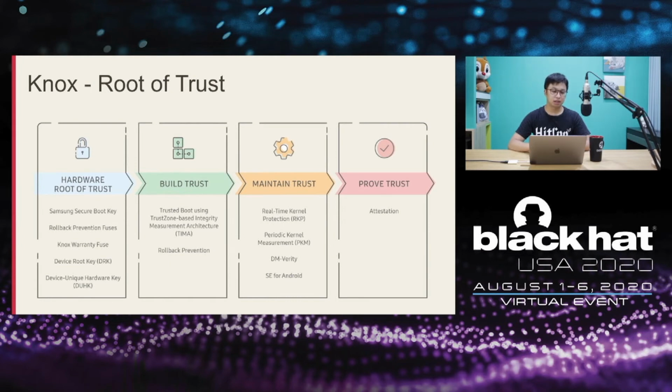It contains TIMA, trustzone-based integrity measurement architecture, real-time kernel protection, periodic kernel measurement, SE Linux enhancement, and many other things to prevent privilege escalation and unauthorized access to the phone's data. Since we are attacking the bootloader, we will only discuss the most relevant part, Secure Boot.